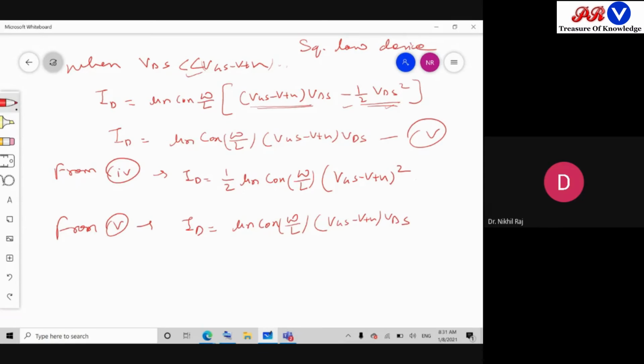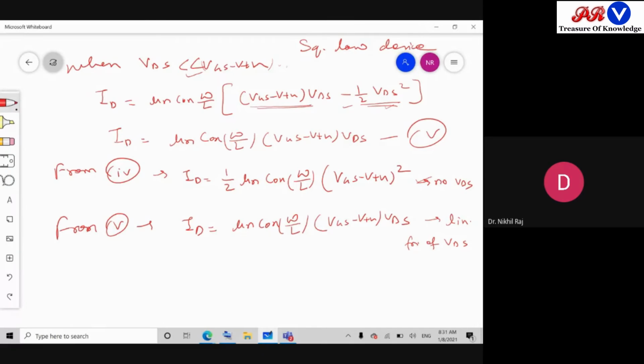So from the fourth equation, we see ID is depending upon (VGS minus VTH) whole square. Here there is no VDS. If you see here, no VDS voltage is here, and it is not a linear function of VDS.